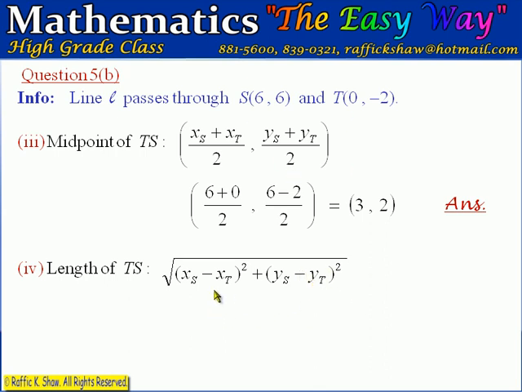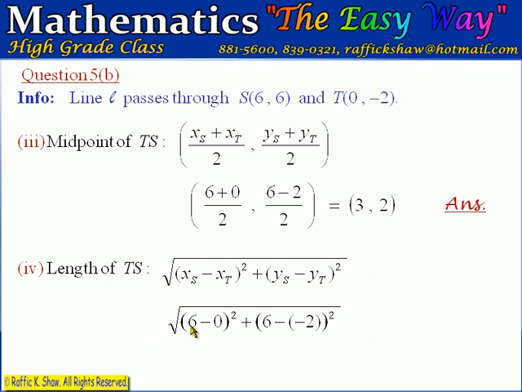S and t, as we have, are the 2 points. So we can go ahead and substitute the coordinates of the points. XS is 6 from here, and xt is 0 from here. So that's 6 minus 0 squared plus, that's a plus here. And then ys here is 6, minus, that's this minus here, and then yt is negative 2. So this actually is 6 minus negative 2, and then the square outside here.